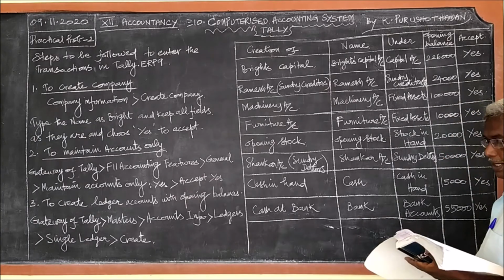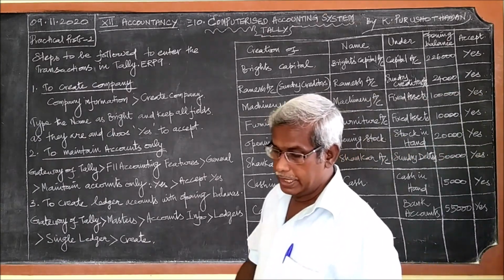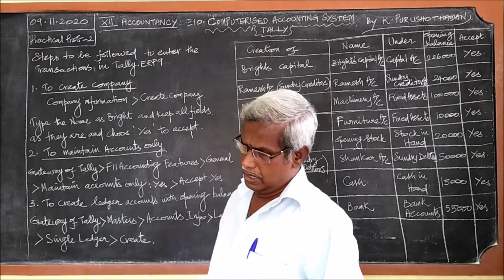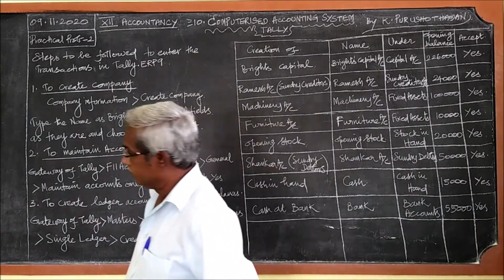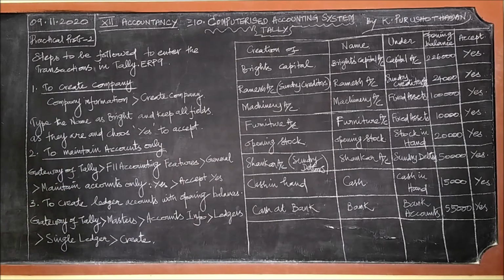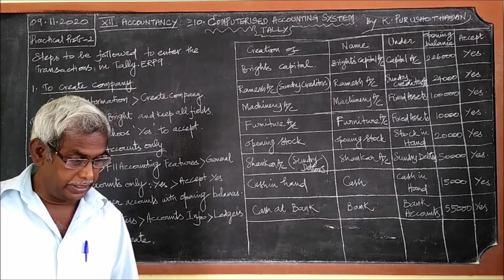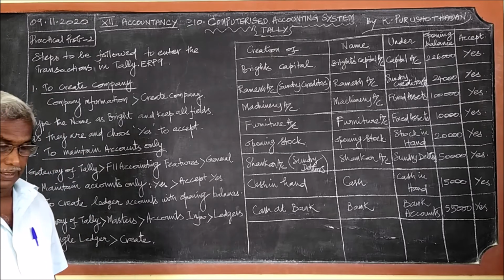This is the procedure which is followed in practical problem 2. I shall teach you once again what is given. There is a balance sheet given in the problem, and there are some other transactions taken during the particular year.